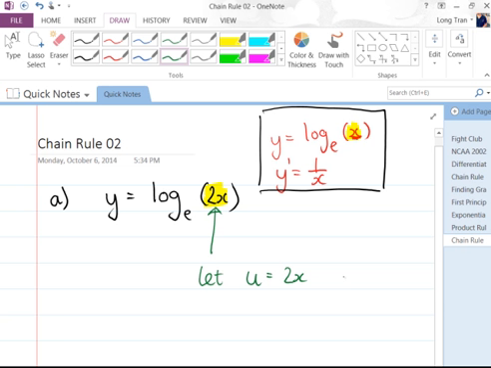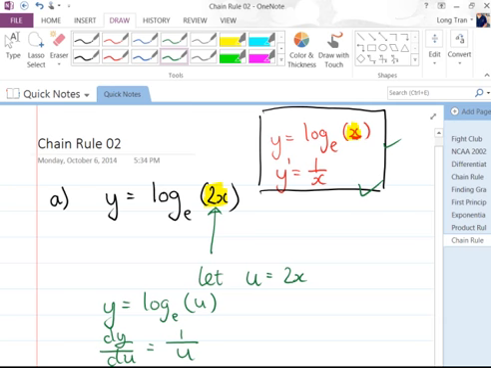Because if I do that, I get a new function where y is equal to log e of u, which I actually know. dy/du, the derivative of this, will be 1/u, based on the rule. All I've done is change the letters.